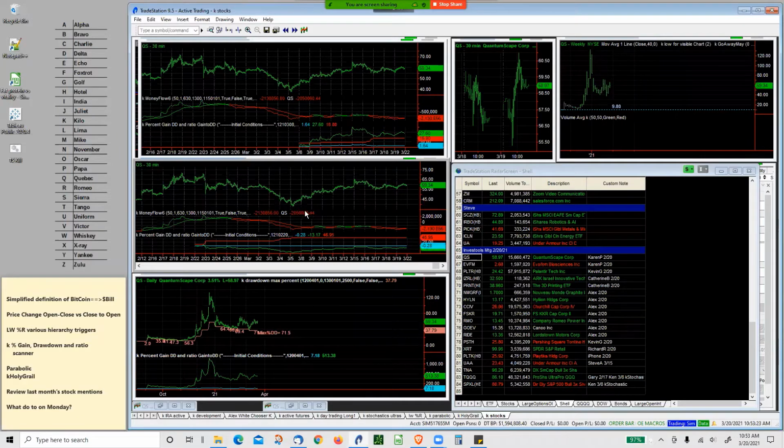On my TQQQ and SPXL, I started scaling into a position, and I made some money, and I actually got out already. If somebody has a problem with this, let me know. If they can see it, great. And since it's charts, hopefully people can see this.